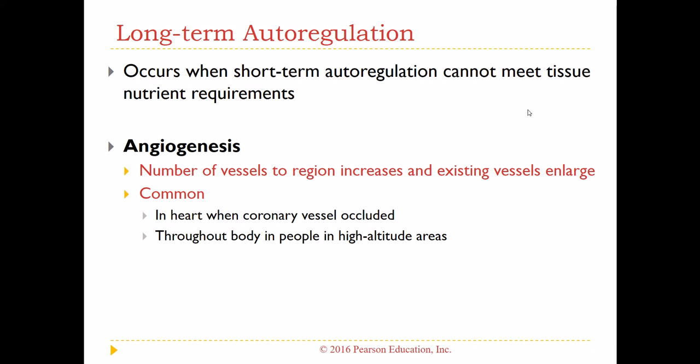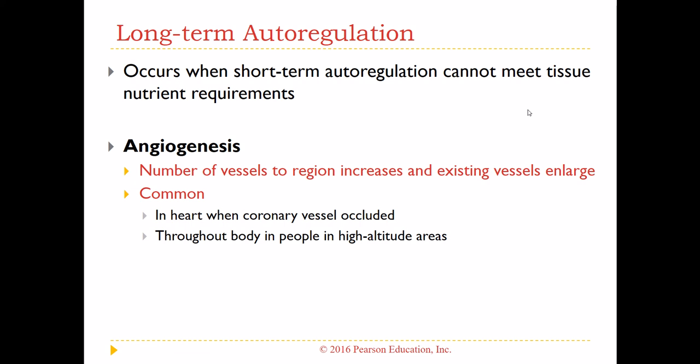Now, if one of your two coronary arteries was occluded or blocked, then you would need a bypass, because those are really the main sources of blood for your heart, and even angiogenesis can't compensate for that.